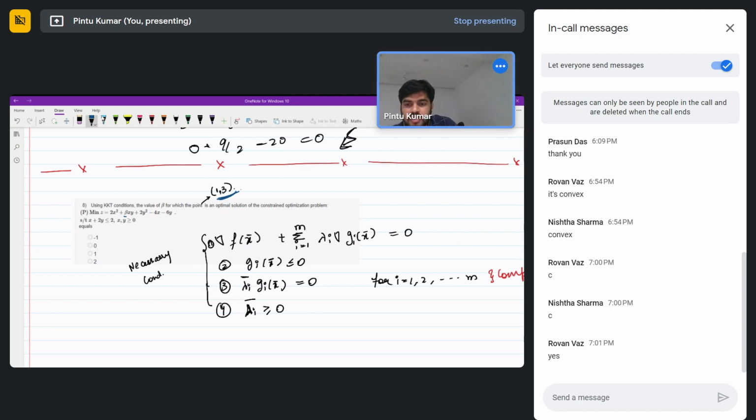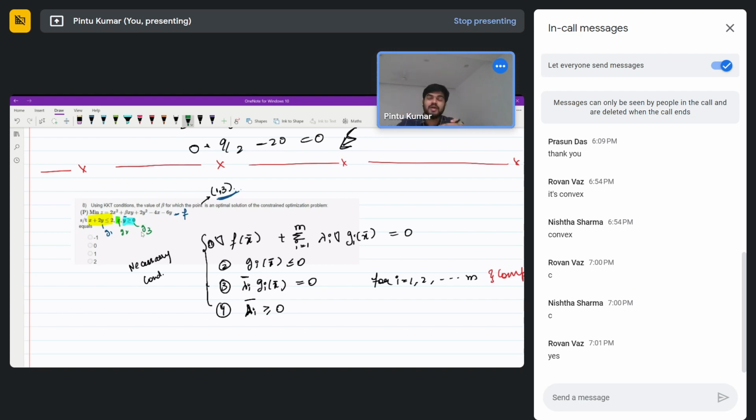These are the conditions that you need to write. So this is your f, and this much is your g1. The x condition would give you g2, and then your y condition would give you g3.